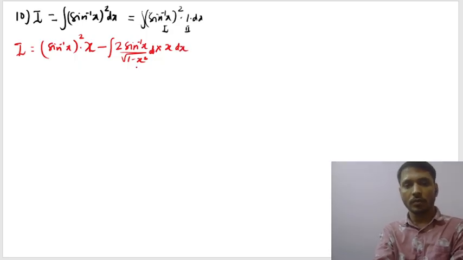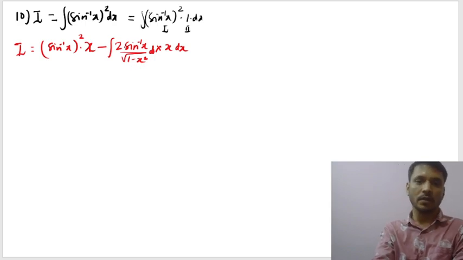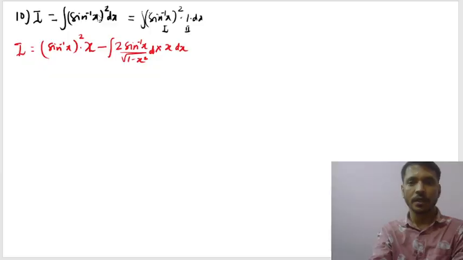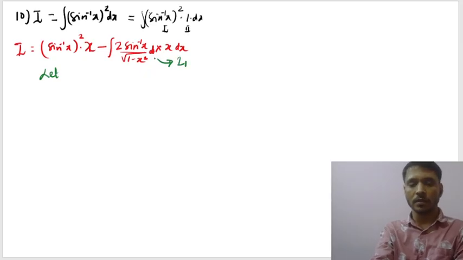Now what we can do here, we have to apply the substitution method. For this part only, let us suppose this is equal to I1, right? So we are going to simplify this I1.